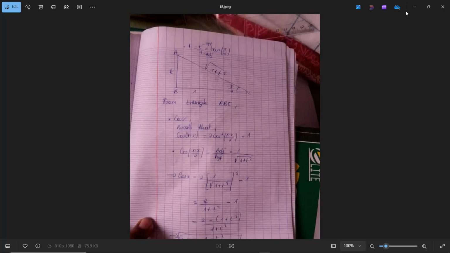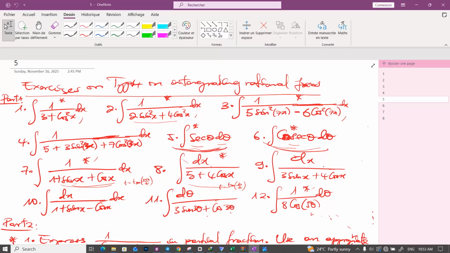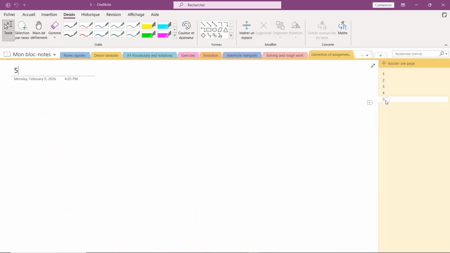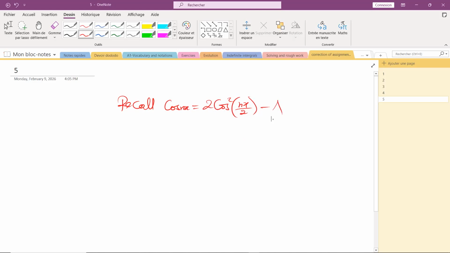What you are supposed to write is what? When you say recall that cos nx equals 2 cos square nx on 2 minus 1, you have to write directly.